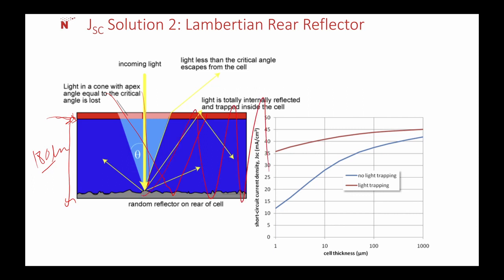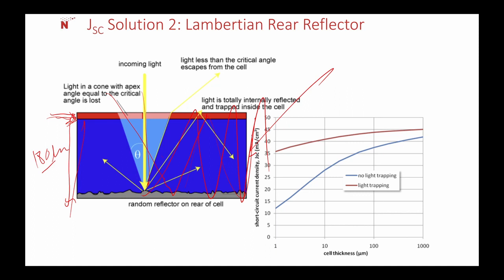Effectively, we have increased the effective optical length of the light. This light has to travel more and more, so it will ultimately be absorbed by the silicon wafer. So this is the coating of a material with appropriate refractive index.